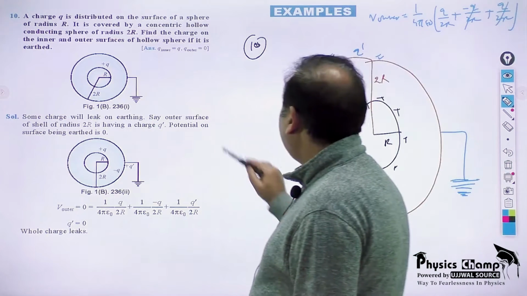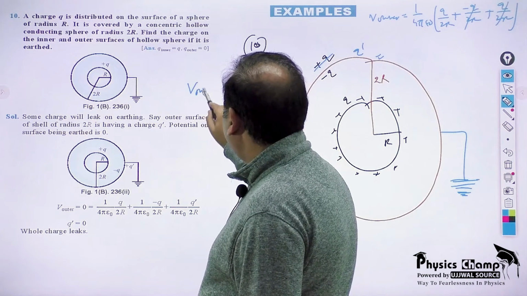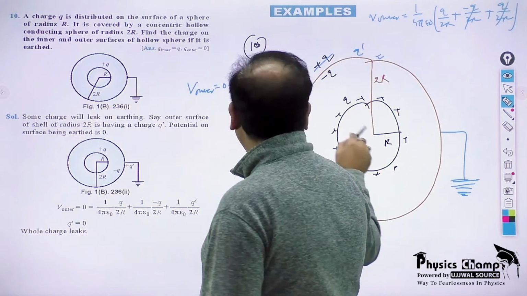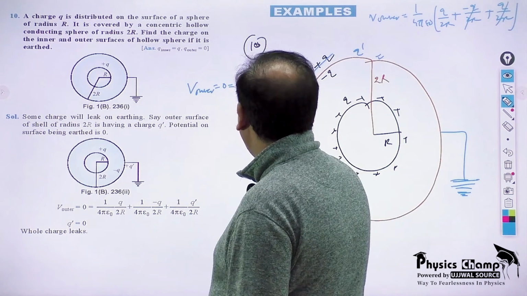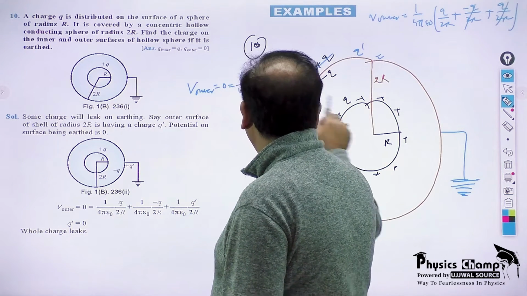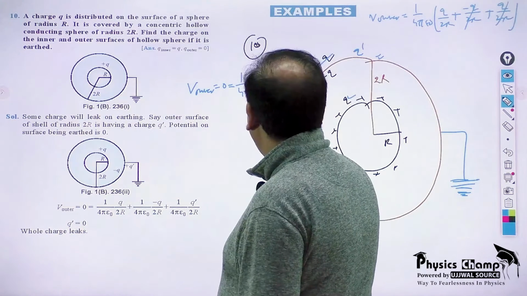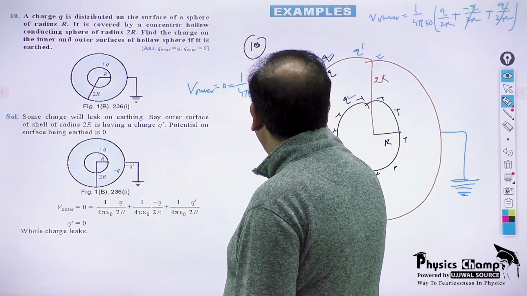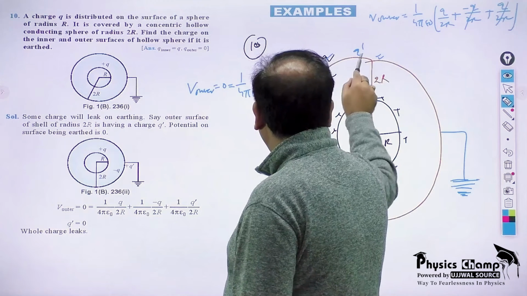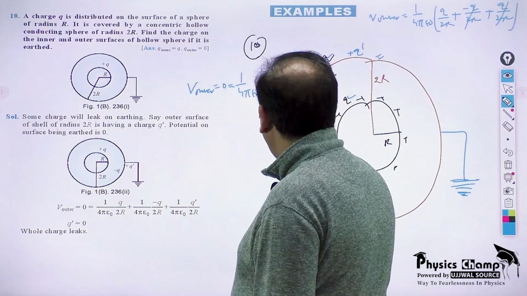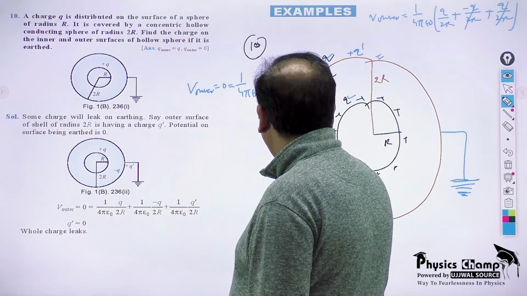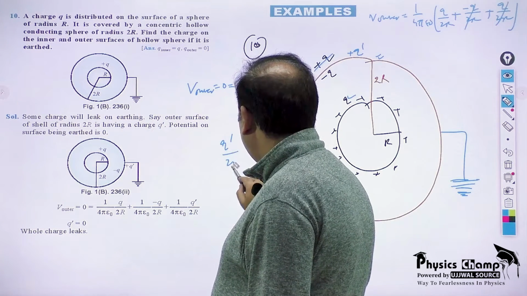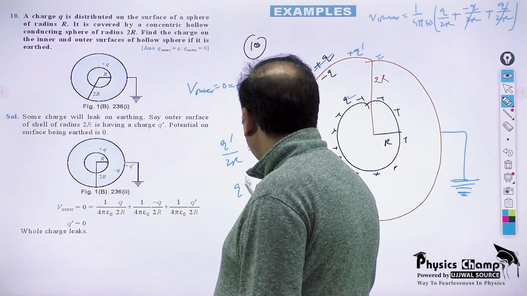But one thing is sure, that V outer will now be 0. It will have net potential 1 by 4 pi epsilon naught, due to q by 2r, due to minus q by 2r, due to plus q dash by 2r. The q by 2r terms cancel. Q dash by 2r is 0, which means q dash will be 0.